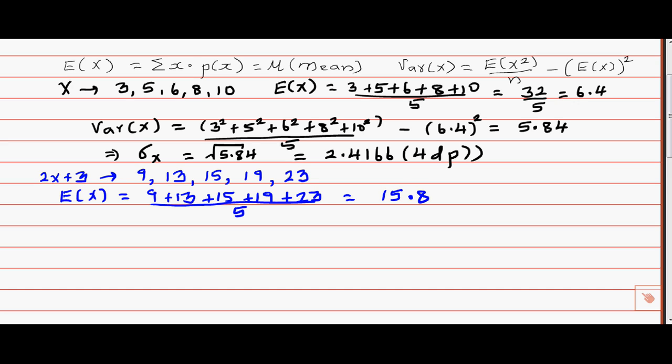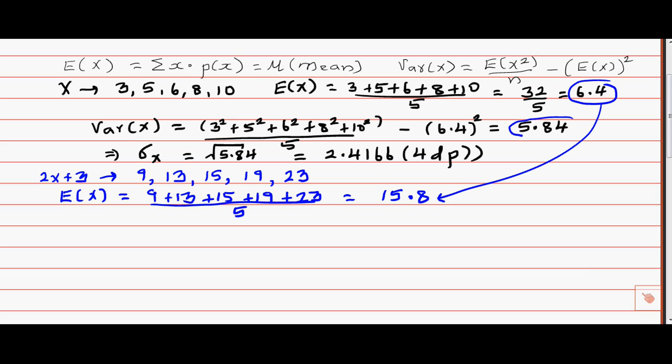Now let's see whether there is a relation to the old mean, 6.4. Without doing all this, if you just know this mean, and it is told that the random variable is multiplied by 2 and added 3, from this can you get this? That's the question.